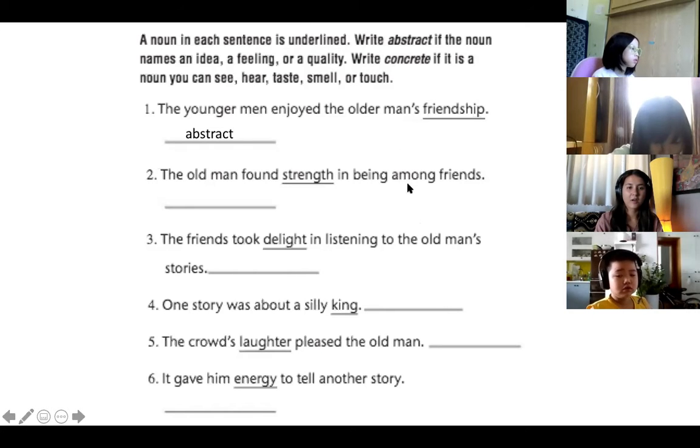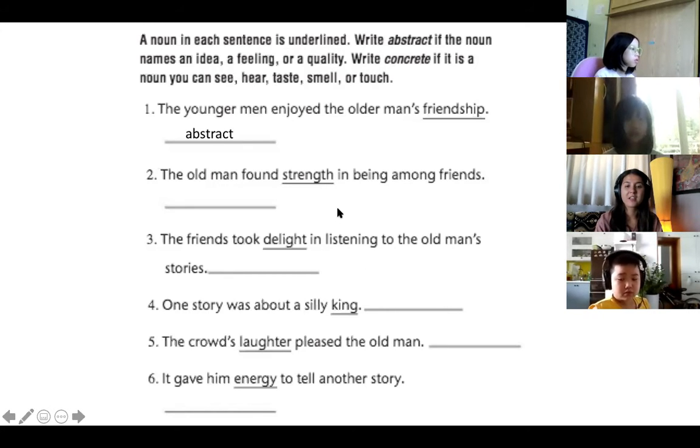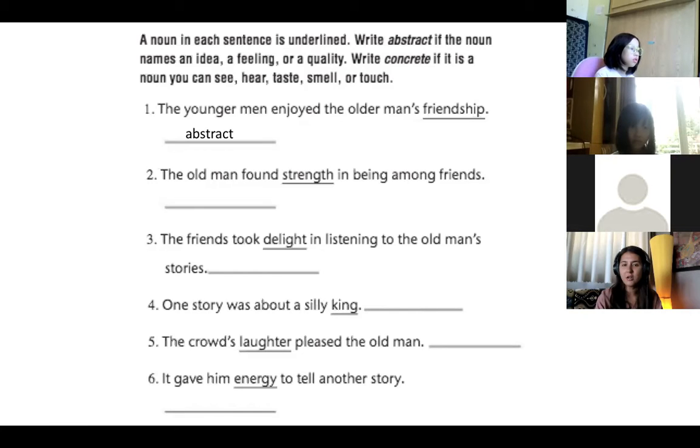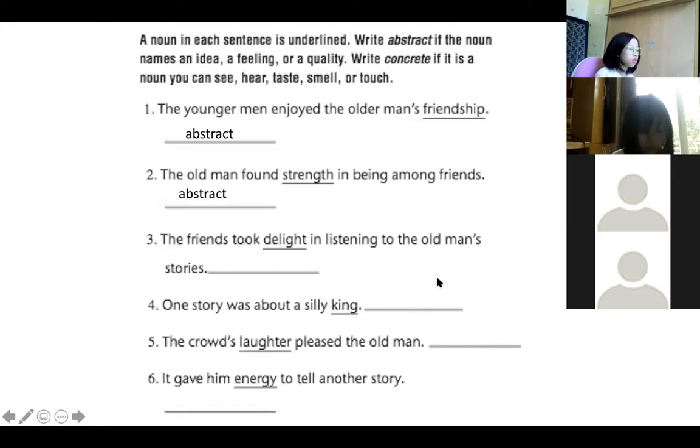Okay, all right. Number 2, the old man found strength in being among friends. What do you think the word strength is? Is that an abstract noun or a concrete noun? Sherry, what do you think? I think it's abstract noun. Good girl, well done.